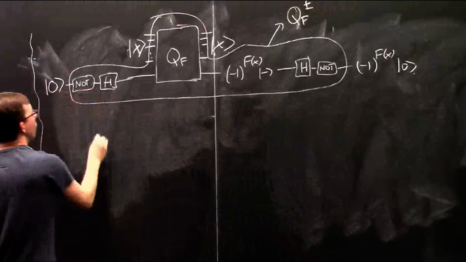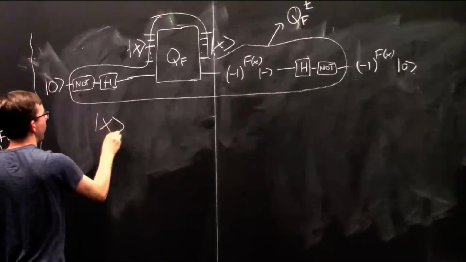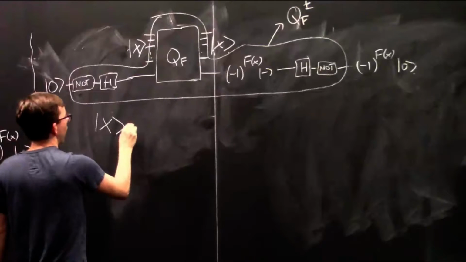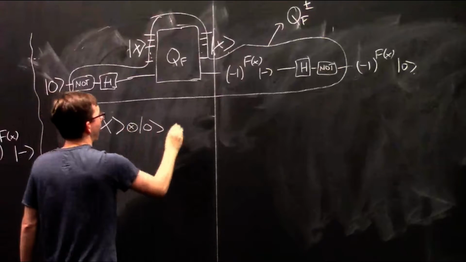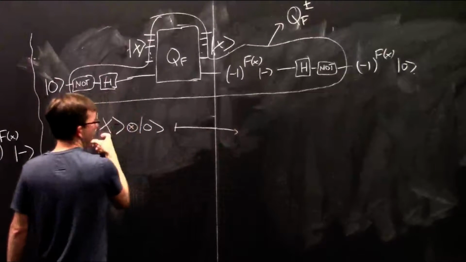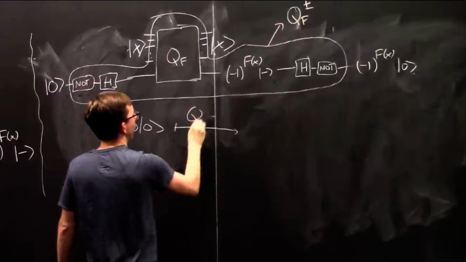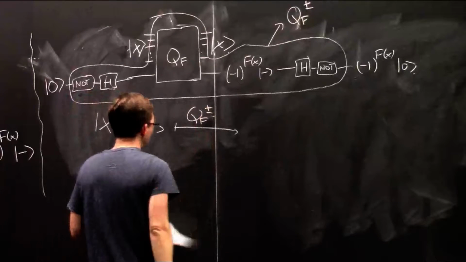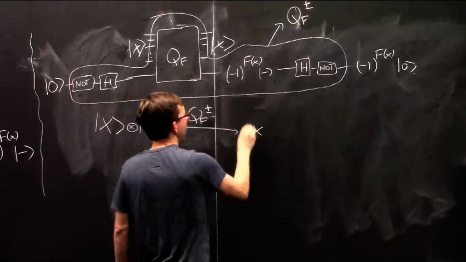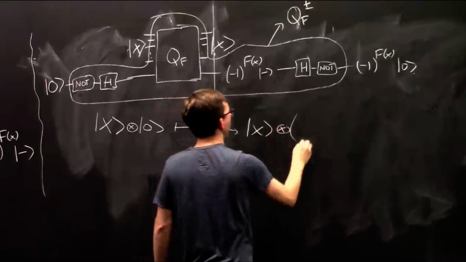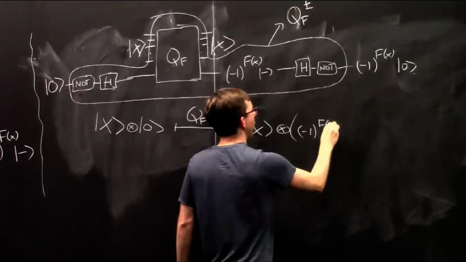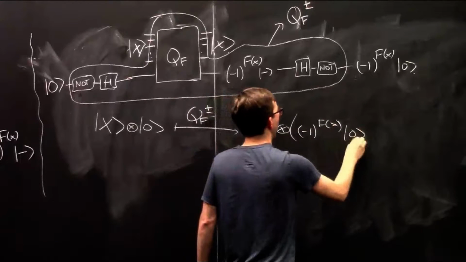And what does it do? It takes in x tensored with 0. If you give it an x and a 0, you get out x tensored with minus 1 to the f of x times 0.